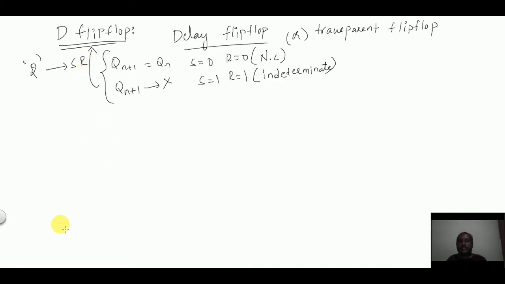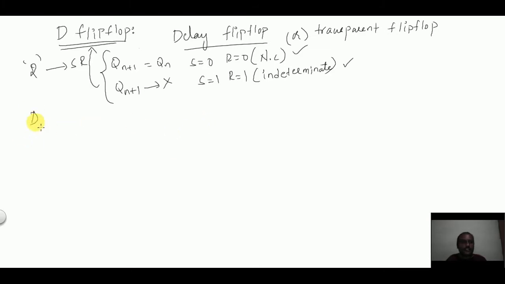D flip-flop is not a new concept. It is derived from the SR flip-flop by eliminating these two conditions, because they are not useful for us. So by eliminating them we get another type of flip-flop, which is called D flip-flop.